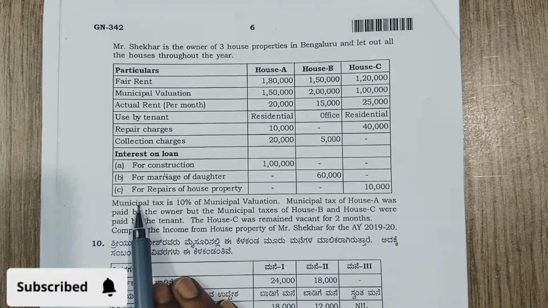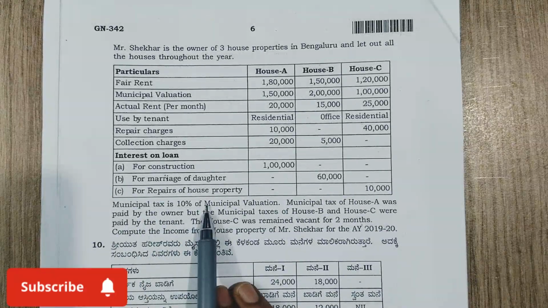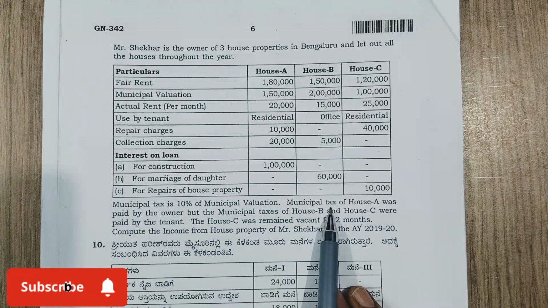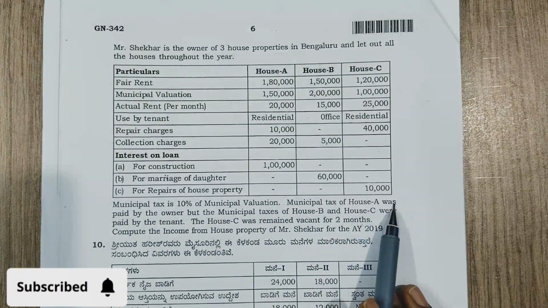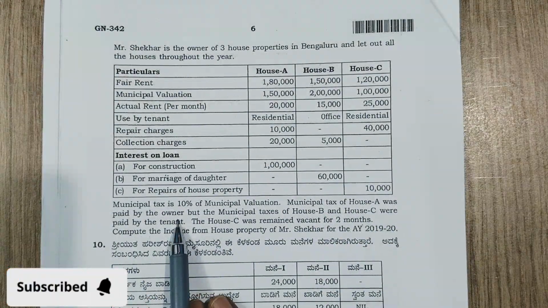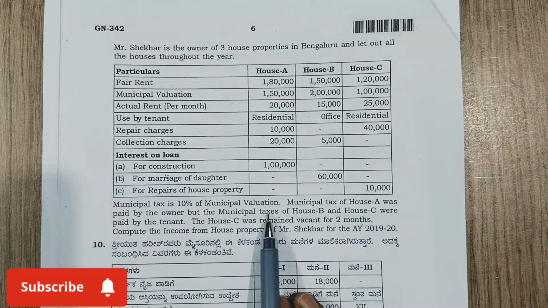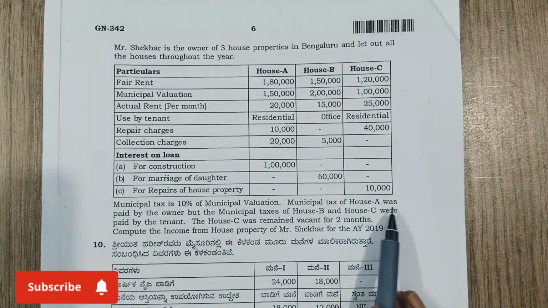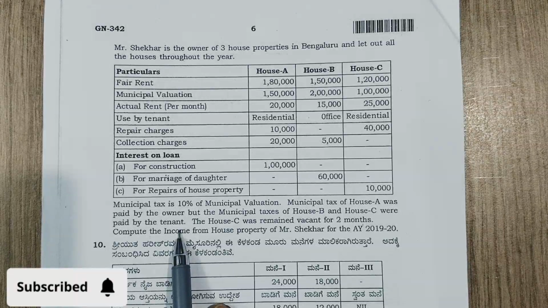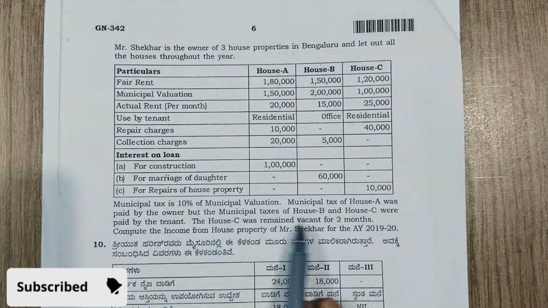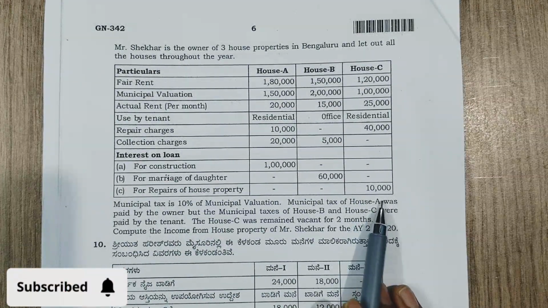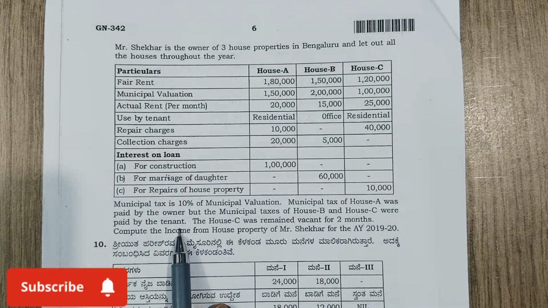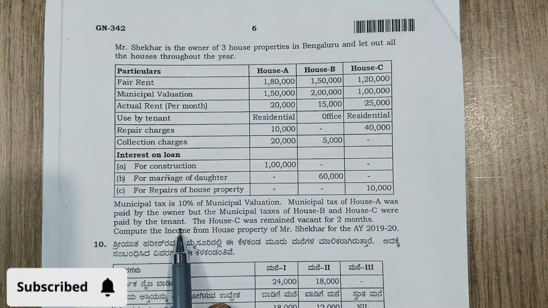The rate adjustment, municipal tax is 10% of municipal valuation. Municipal tax of House A was paid by owner, but the municipal taxes of House B and House C were paid by tenant. Please remember, whatever tax paid by owner will be considered. Paid by tenant, we are not going to show under the income from house property.